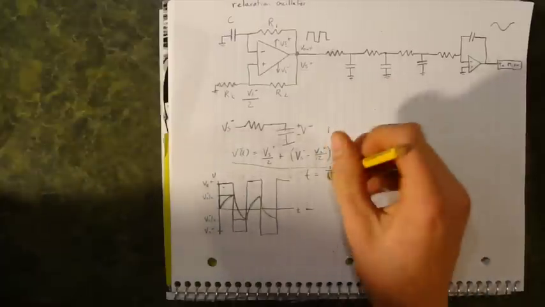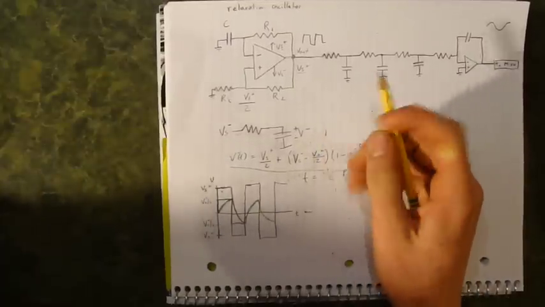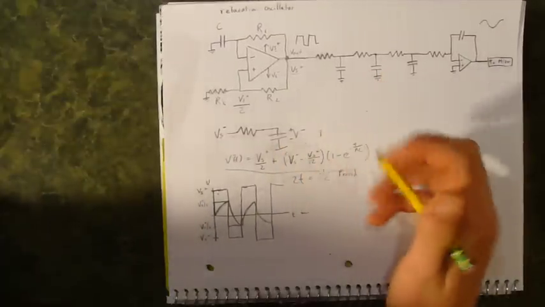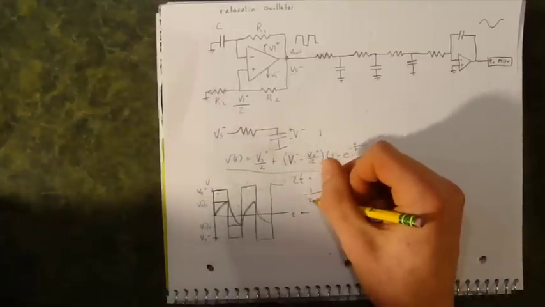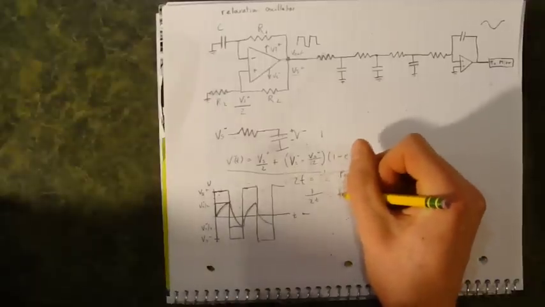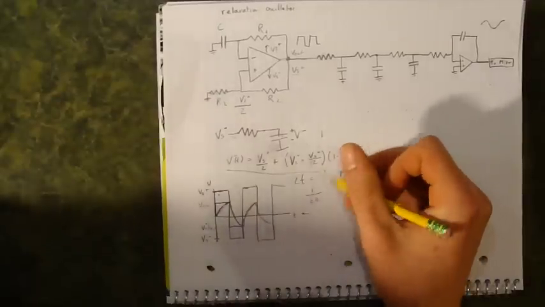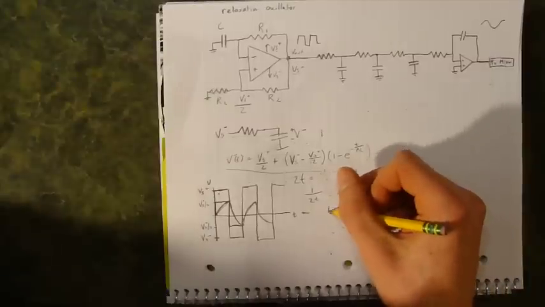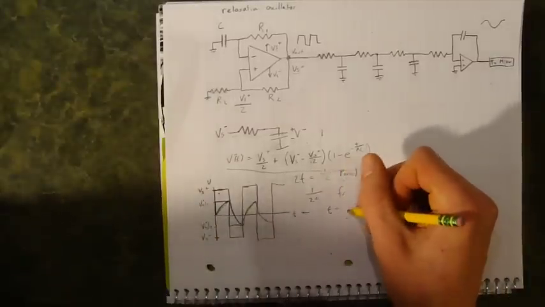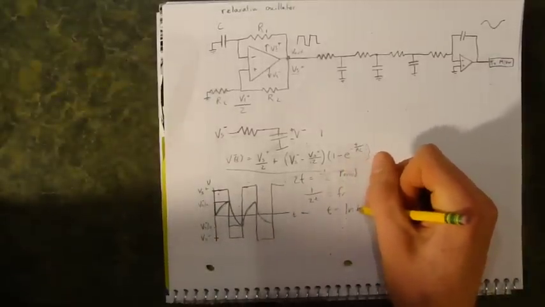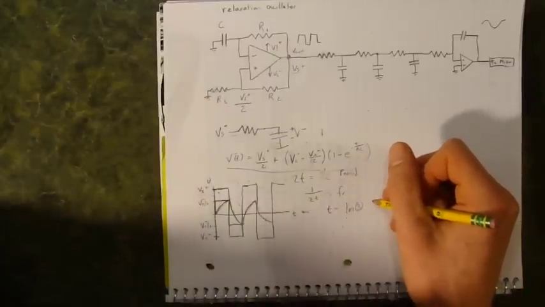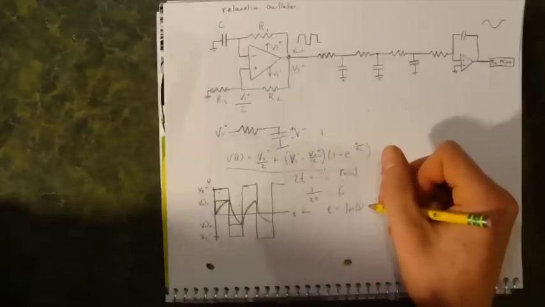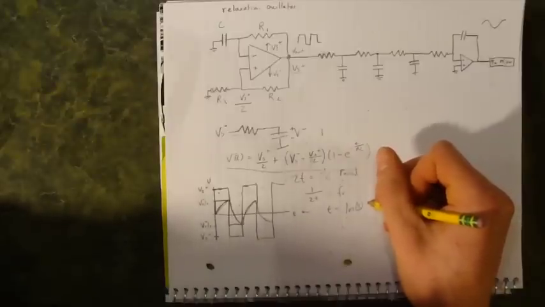So 2 times that t is equal to the period, and frequency is the inverse of the period, so 1 over 2t equals our frequency. Now this t evaluates to ln of 3. I'm not going to do the math. It's just a lot of grubby math, so I'll just tell you the answer. T equals ln of 3 times RC.